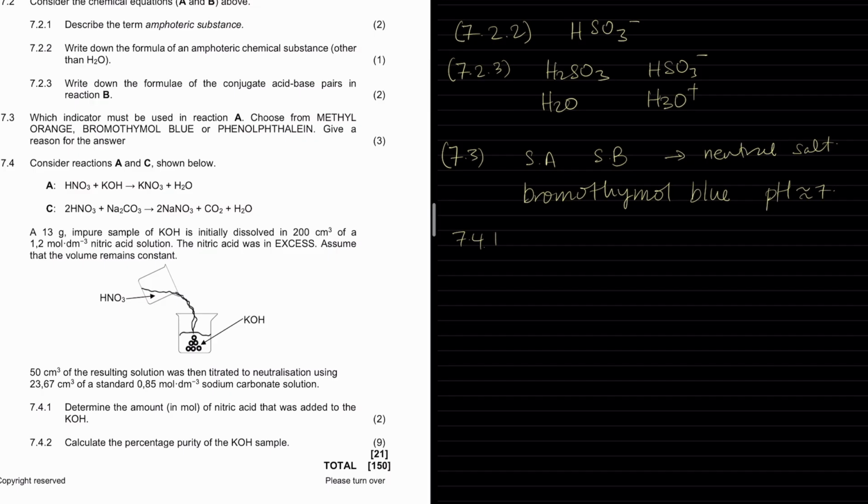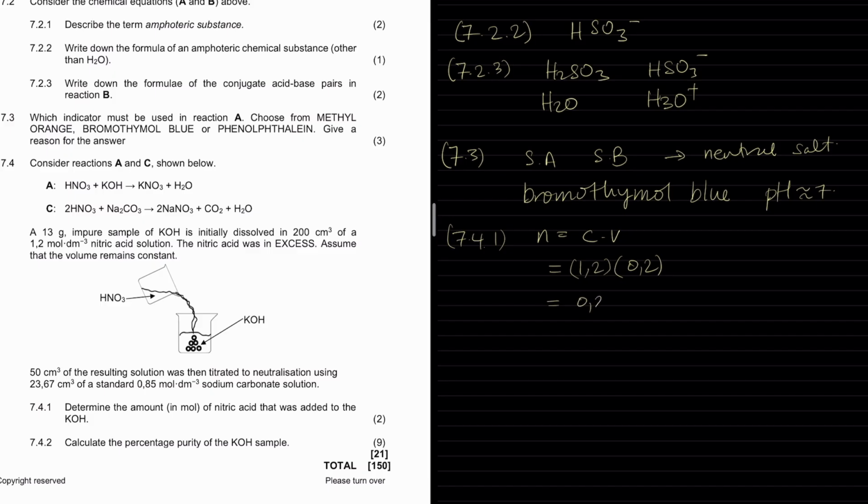7.4.1, determine the amount of nitric acid that was added to the KOH. Okay, so here we'll just do n is equal to CV. So the concentration that they've given us is 1.2. The volume is 0.2. We have to convert that.